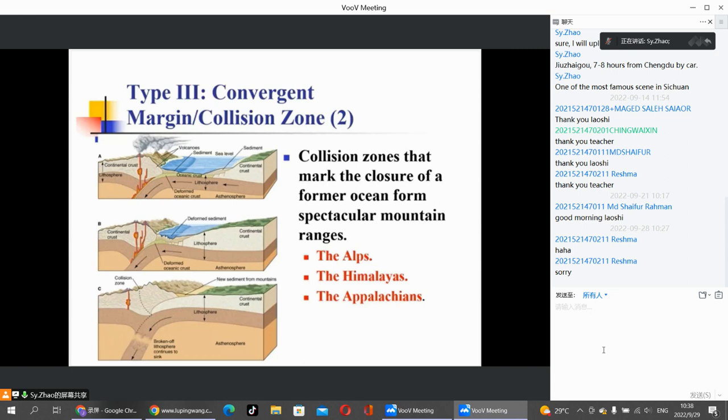And continent collisions ultimately result in the formation of mountain ranges like the Himalayas or the Alps and some other mountain ranges. The collision zones mark the closure of a former ocean with a spectacular mountain range.